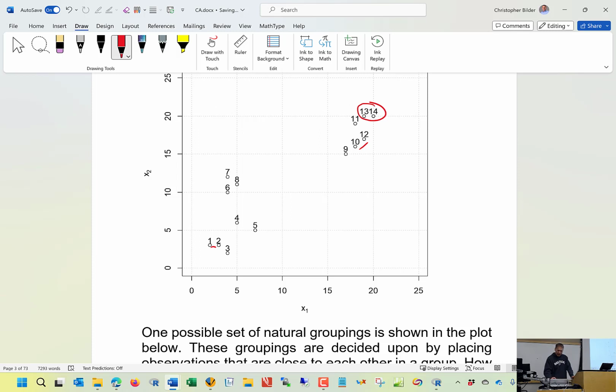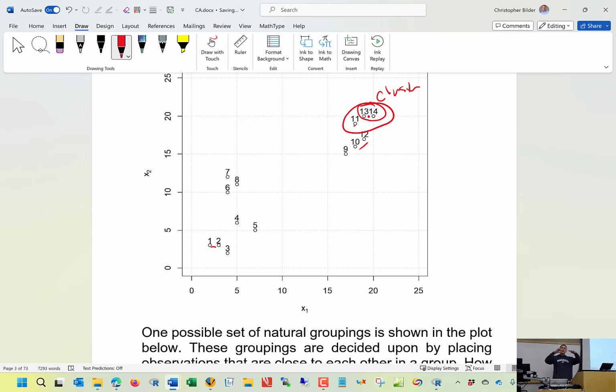But how can I compare 13 and 14, this, let's say, cluster, to 11? Well, you'll see a variety of different ways. Maybe I should take a middle point here and measure the distance from this red dot to 11. Let's just say that happens to be the smallest distance that we see overall. So now I'm going to form a new cluster.